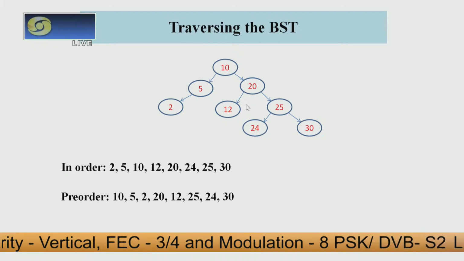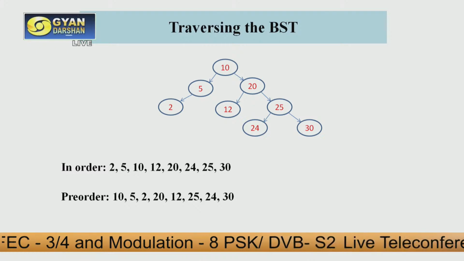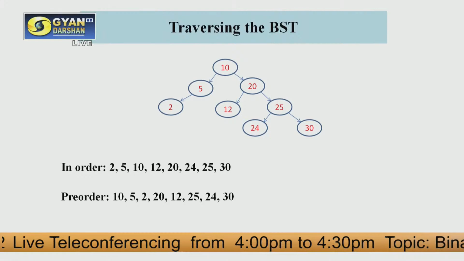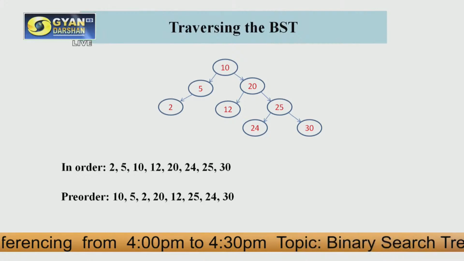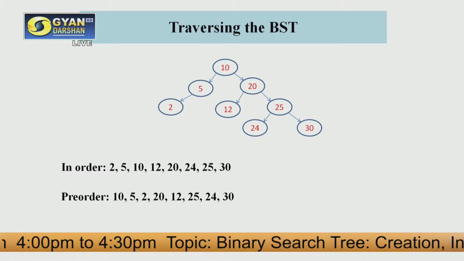The third method is post-order traversal, in which we first traverse the left subtree, then we traverse the right subtree of a node, and finally the root.